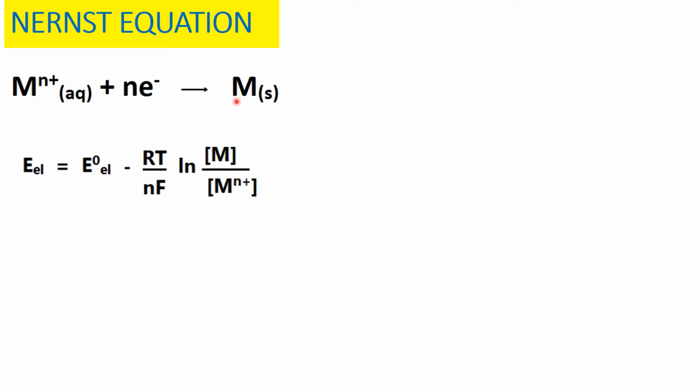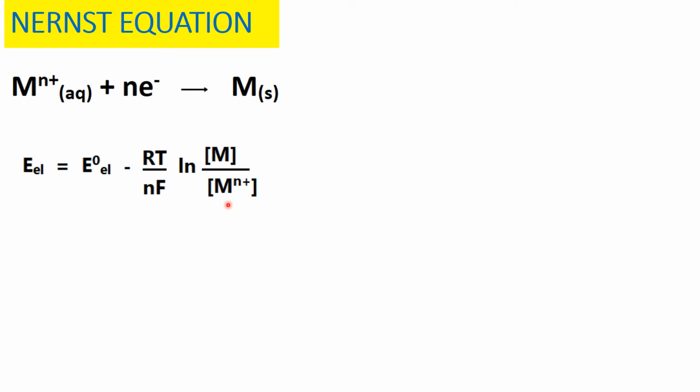For a metal ion electrode, the reduction reaction is Mn+ + n electrons giving metal solid. The Nernst equation may be given as E electrode is equal to E0 electrode minus RT by nF ln concentration of metal divided by concentration of metal ion.